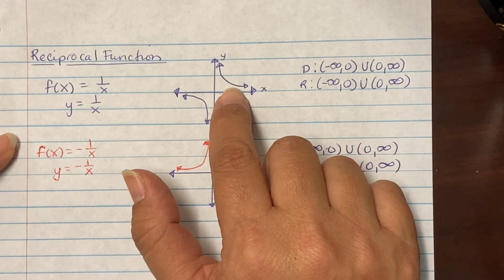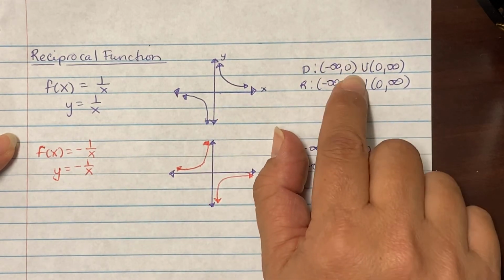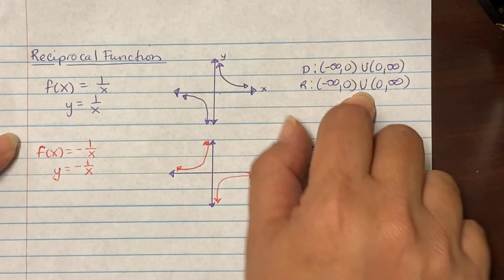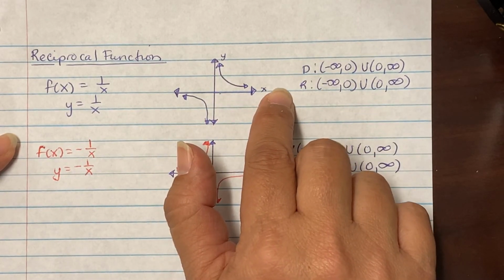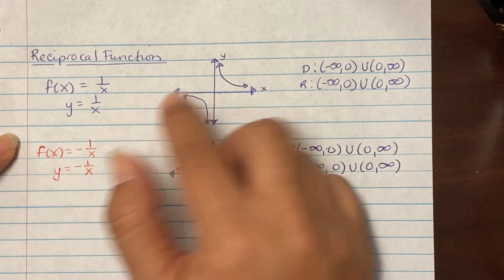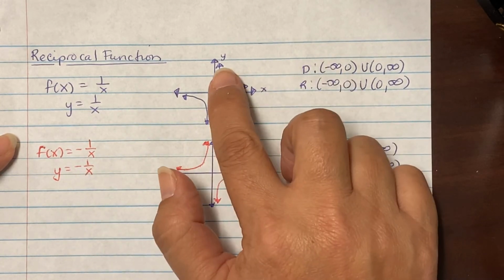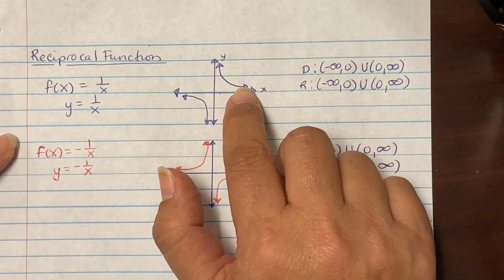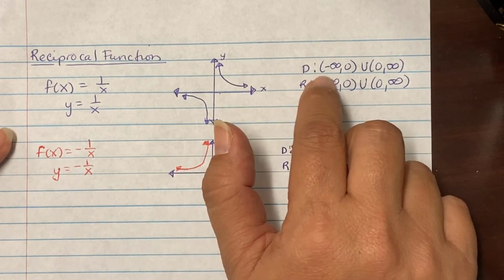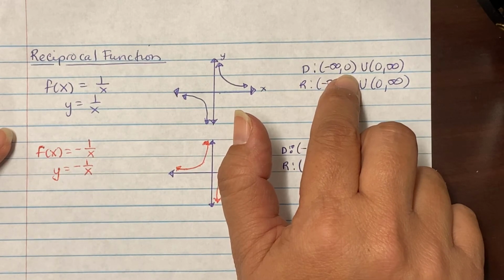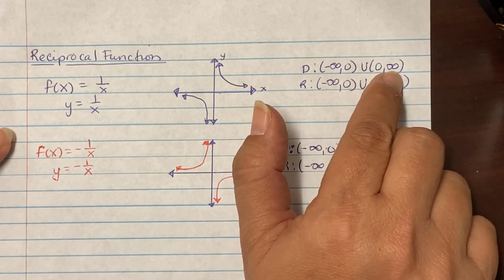Your domain, notice that there are breaks. It's union pieces. We have unions showing up because the x's go from 0 to the right and 0 to the left, so we did not cross the 0. Your graph is going to approach the 0 but not hit it. That's why the domain for your reciprocal ones is negative infinity to 0, union 0 to infinity.